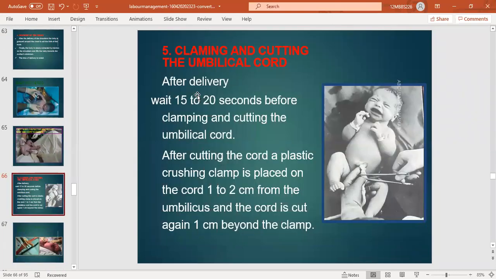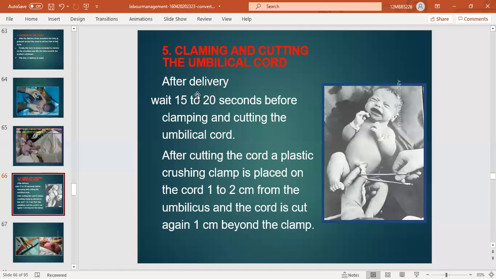Then the clamping and cutting of the umbilical cord. Now this is very important: how long the umbilical cord should be cut. It should be 2 to 3 centimeters from the umbilicus and 1 centimeter beyond the clamp, so that there is no slipping of the clamp, which may cause loss of fetal blood.